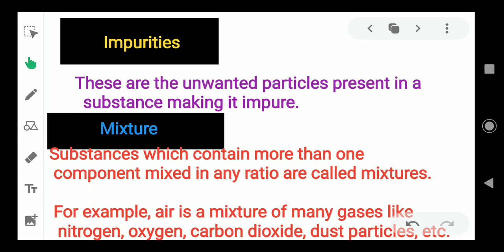For example, air is a mixture of many gases like nitrogen, oxygen, carbon dioxide, dust particles, etc.